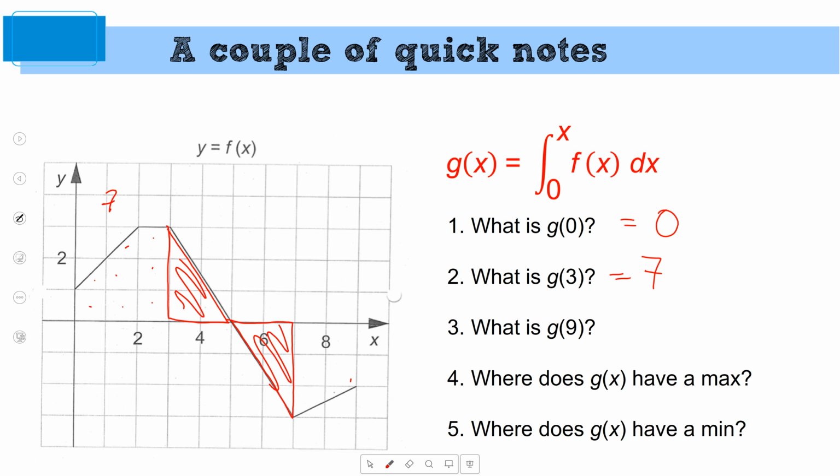Well, what's that guy? That's a trapezoid. What's the area of that puppy? What is it? 5. But it's negative 5, because as Conrad said, we're below the x-axis. Therefore, g of 9 would be 2.